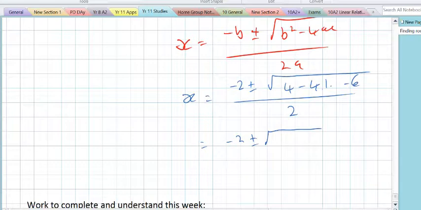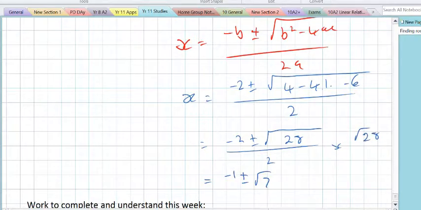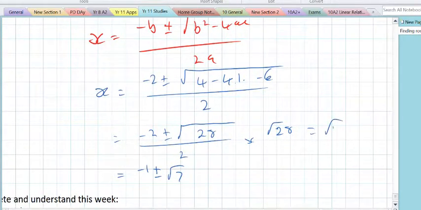Square root of 30? No, 28, over 2 equals minus 1 plus or minus, take out 4 to root 7. Okay, that's quite a simplification. What I've done is taken the root 28 and made that equal to root 4 times root 7, which is equal to 2 root 7, and since it was all over 2 they go, leaving us with just the 7.